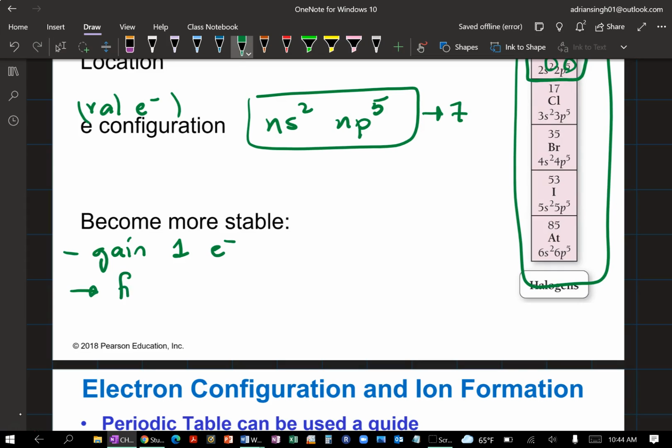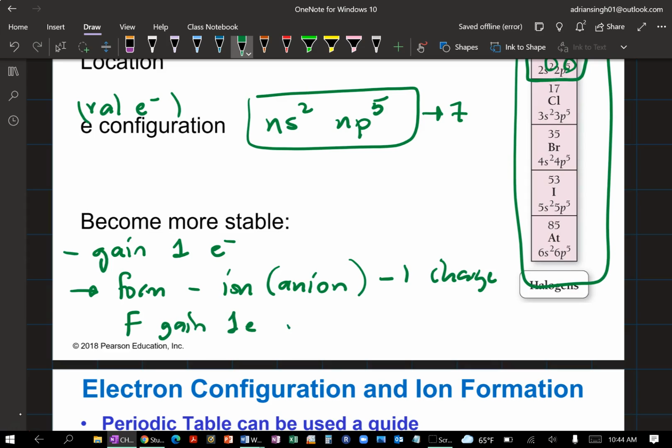As a result of that, they're going to form anions or negative ions, and that ion in this case will have a -1 charge. So for example, fluorine, being in group 7, will want to gain 1 electron, and it will form F with a -1 charge. You can write the 1 in, or you can just leave the negative sign.